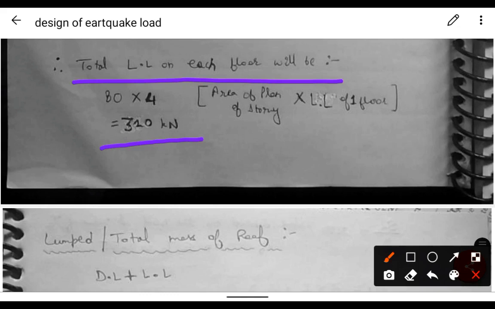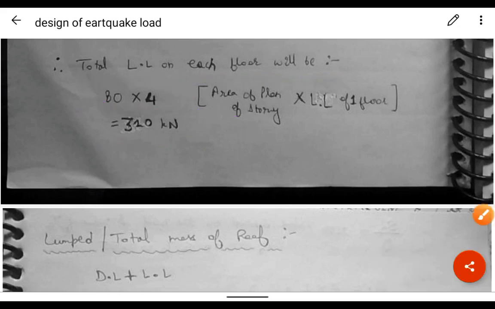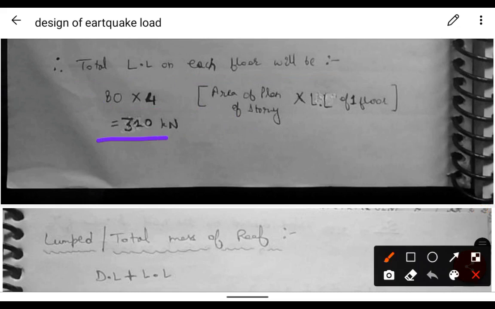This is the plan area which I have already told you in the beginning, which we find by multiplying the lateral width by the longitudinal width, that is 80 meter square, and this is the intensity of load on each floor. After multiplying these two values, it is going to give us 320 kilonewton.